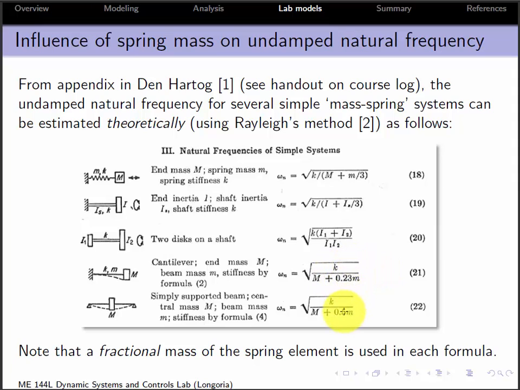Right? Now these values that Den Hartog shows here, they're not experimentally determined, they're actually theoretically determined using a method, which is kind of like an energy method called Rayleigh's method, and it's described in this handout, this is actually a chapter from Thompson's book, for any of you that are interested. So again, given the mass of the actual element, you could add that, and that might give you a better estimate of your natural frequency.